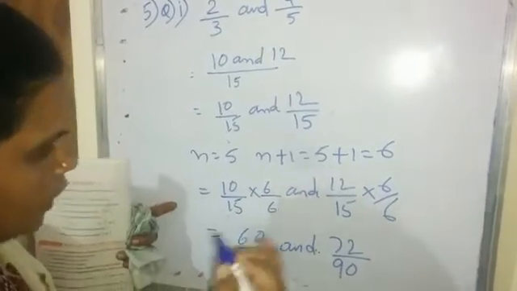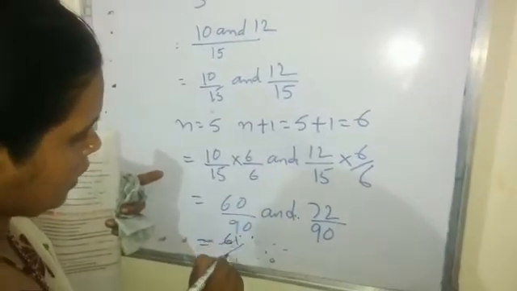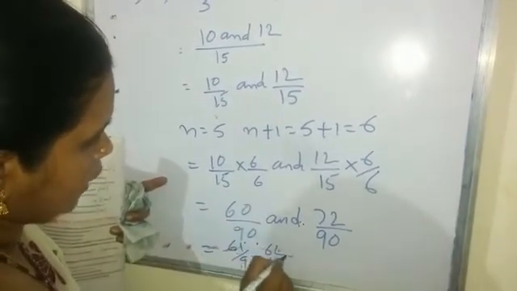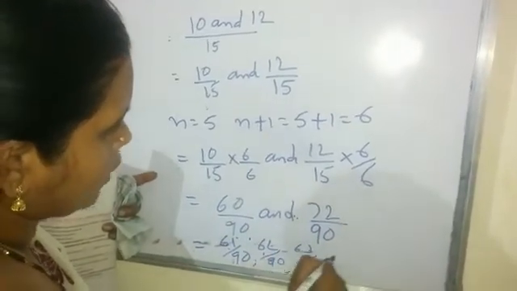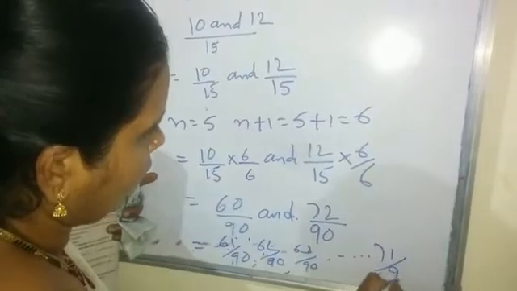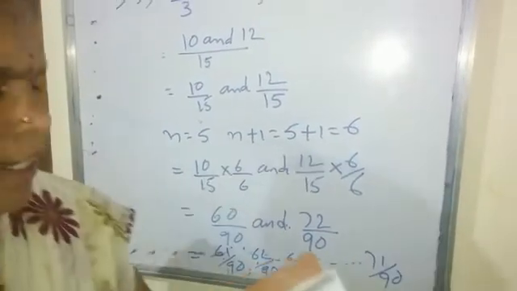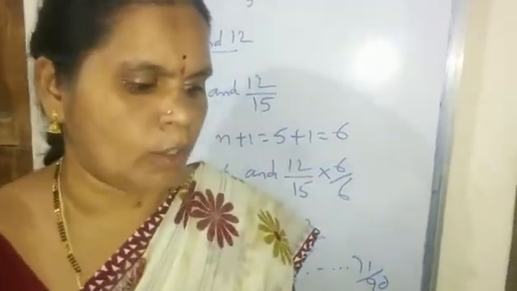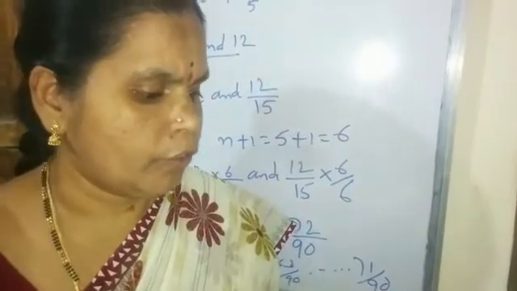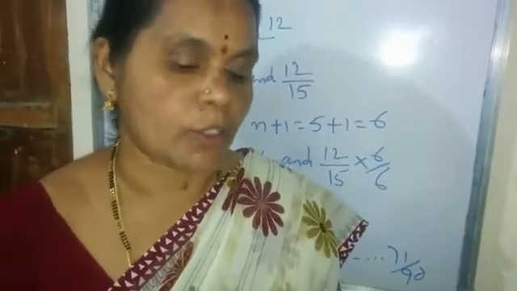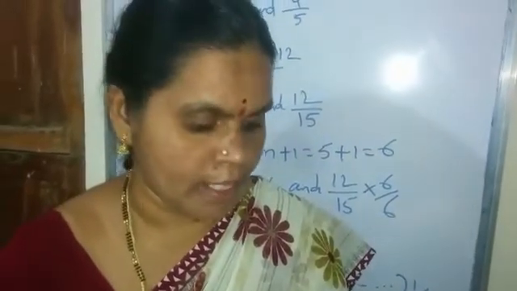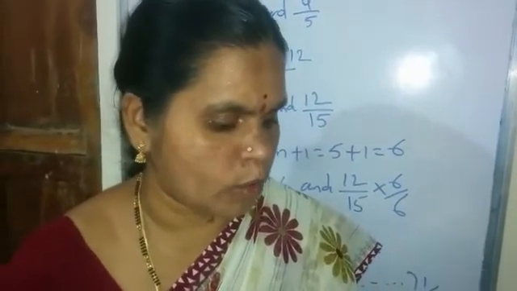We can write more than 5 rational numbers also: 61 by 90, 62 by 90, 63 by 90 and so on up to 71 by 90. Now, children, the second part of the fifth question is homework: write 5 rational numbers greater than -2. We can write many rational numbers greater than -2. The sixth one is also homework for you.